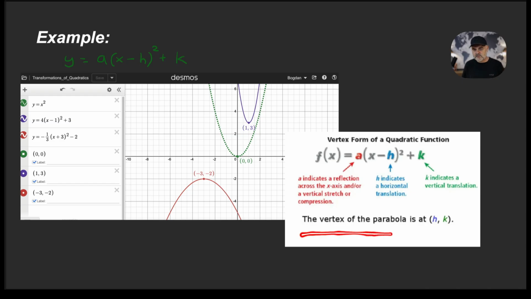So now you have this beautiful sort of summary where you see the vertex form of quadratic function and the cause of transformation, or maybe the effect of transformation done by coefficient a, coefficient h, and k. So remember how each coefficient creates the change with the graph.